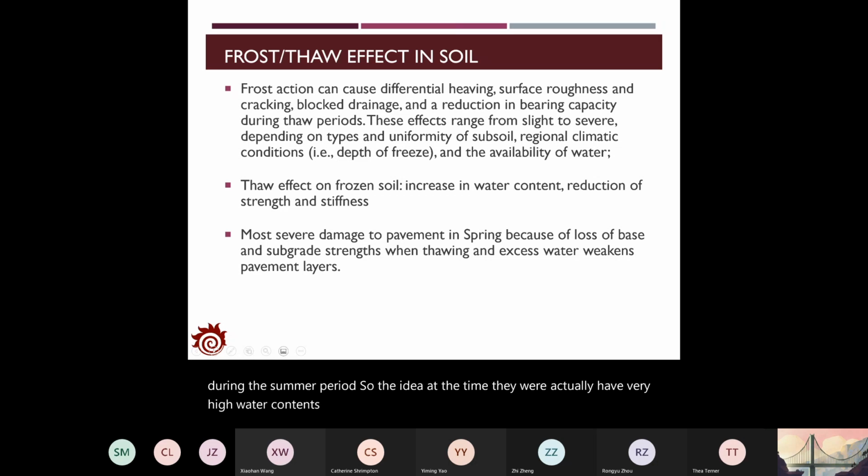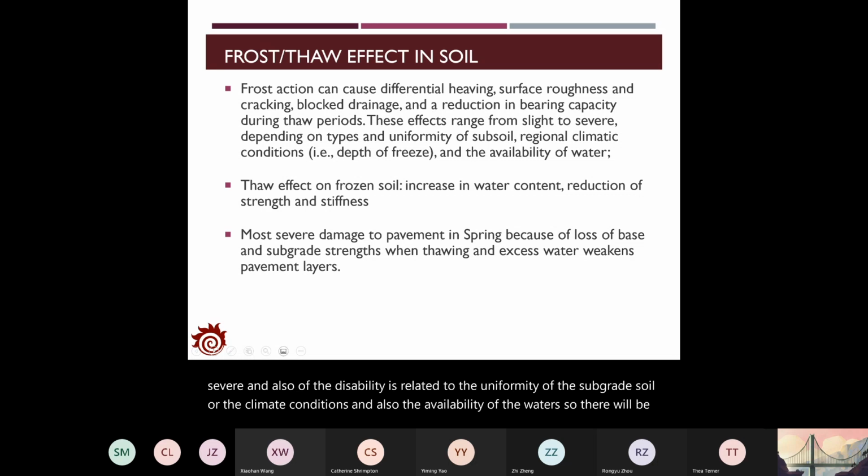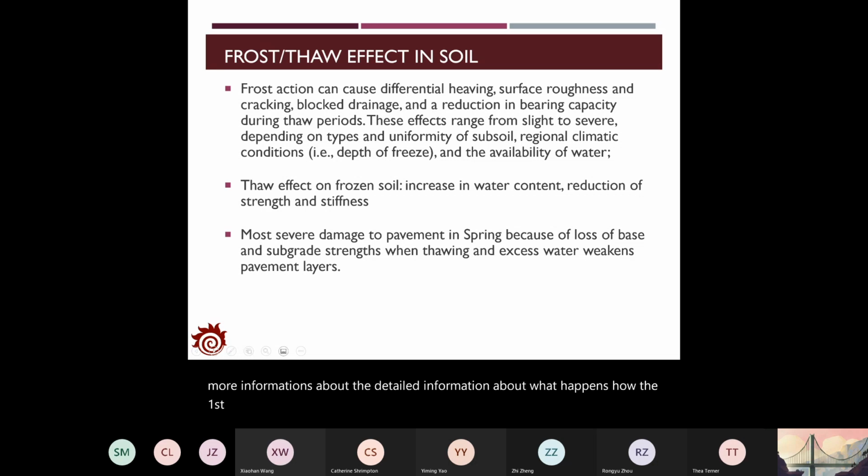And depending on the type of the soil, this effect can range from slight to severe. And also the severity is related to the uniformity of the subgrade soil, the climate conditions, and also the availability of the water. So there will be more detailed instructions about how the frost and thaw effect occurs in the Ontario area.